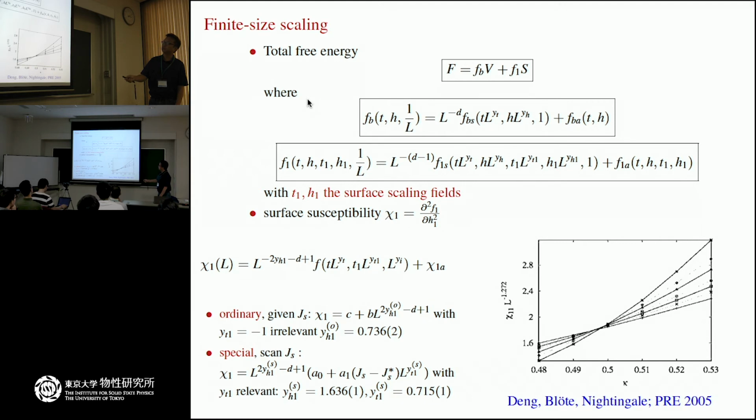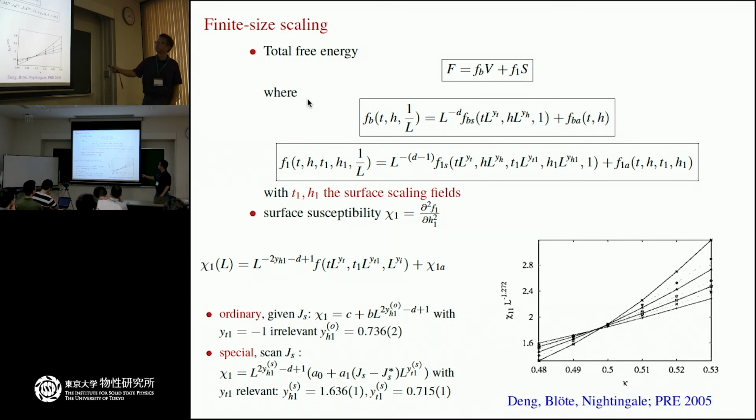You see, in addition to the temperature and magnetic field, you have T1 and H1. Those are surface scaling fields. So this is different from the bulk.